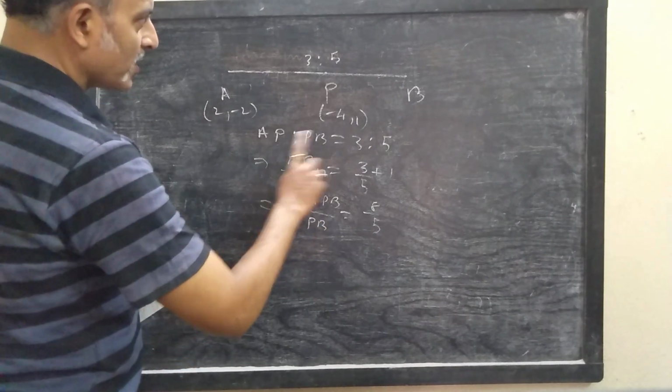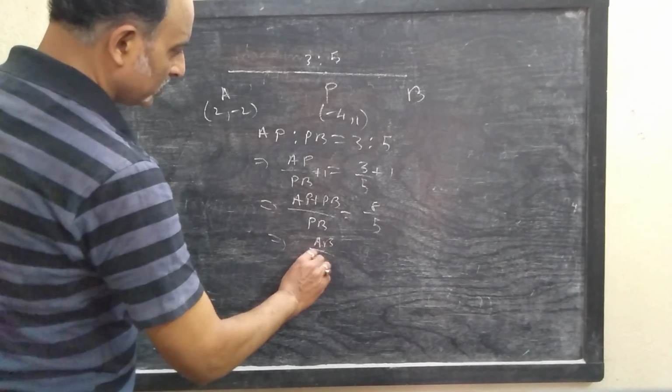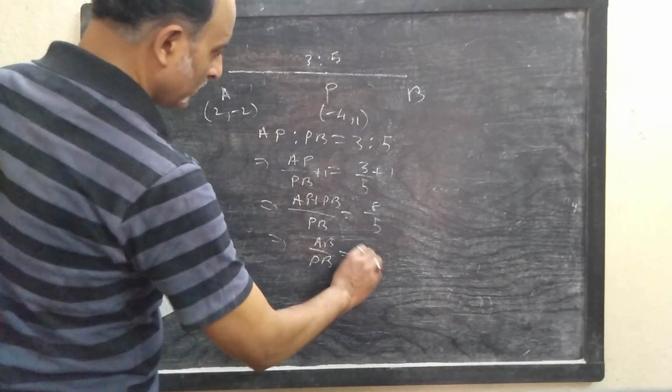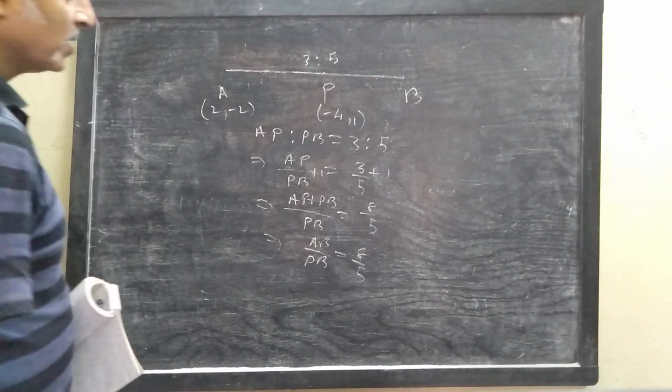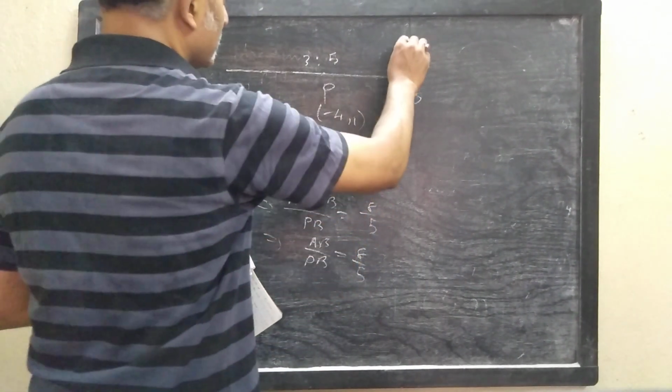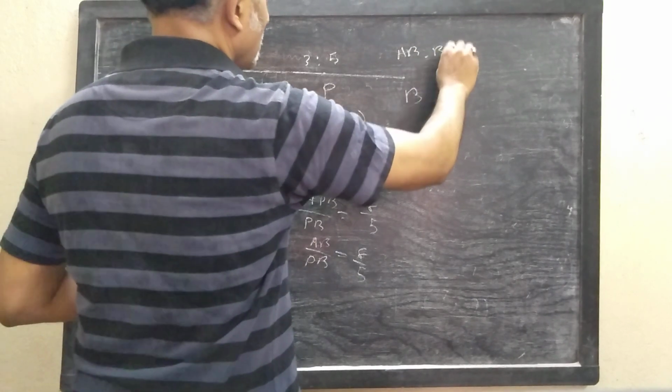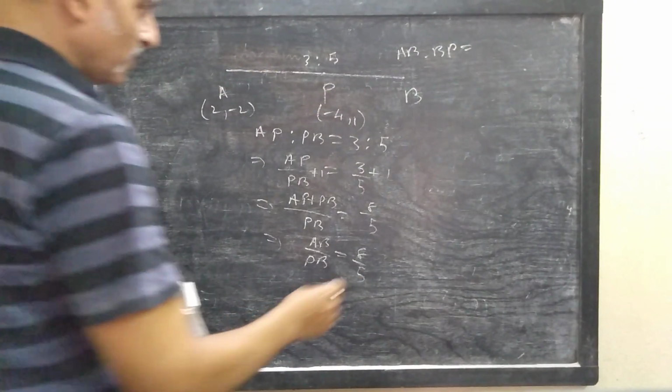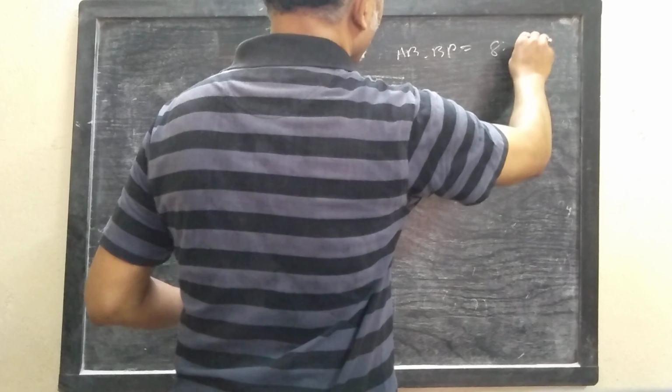That implies AP plus PB, which is AB, by PB equals 8/5. So we ultimately get AB is to BP is 8:5.